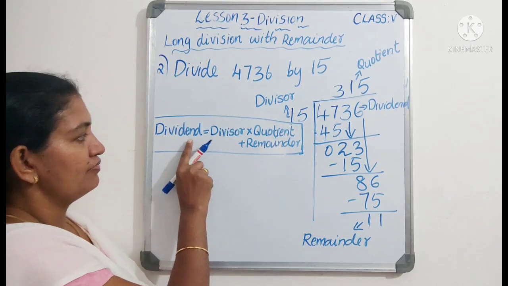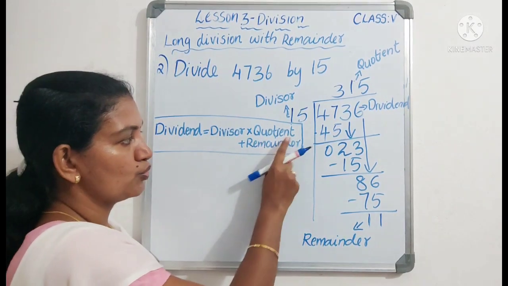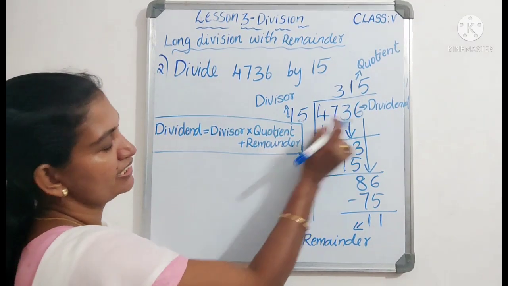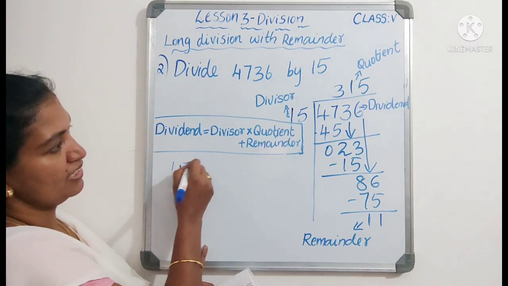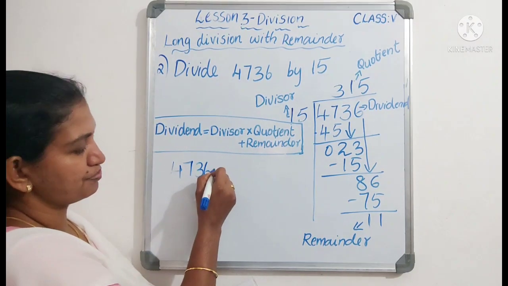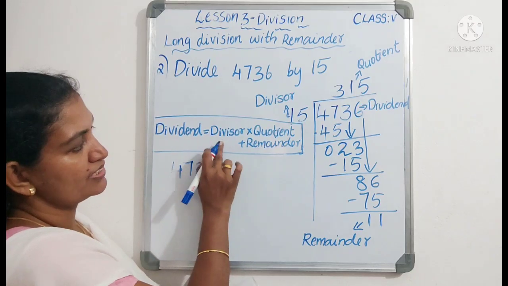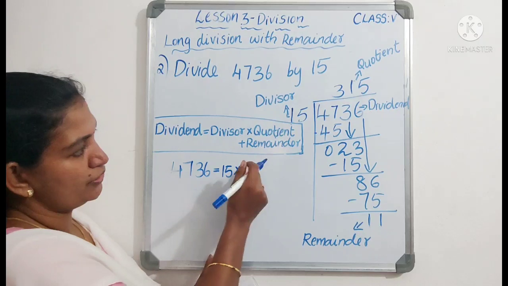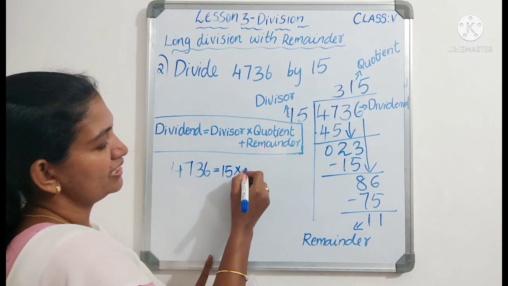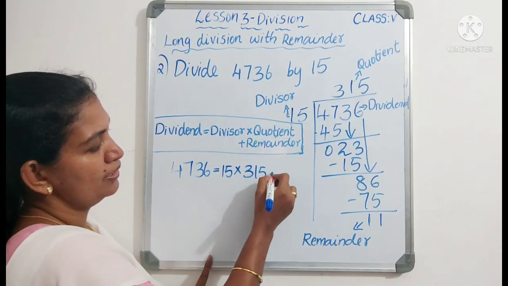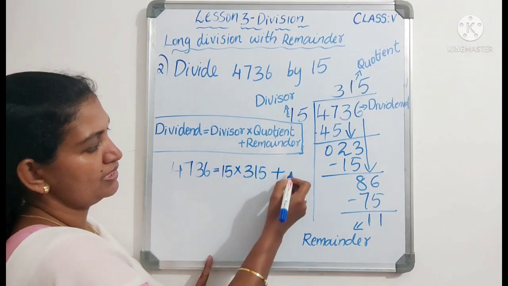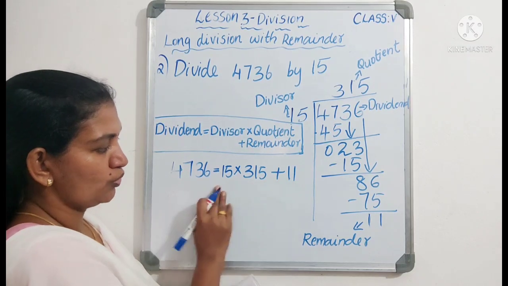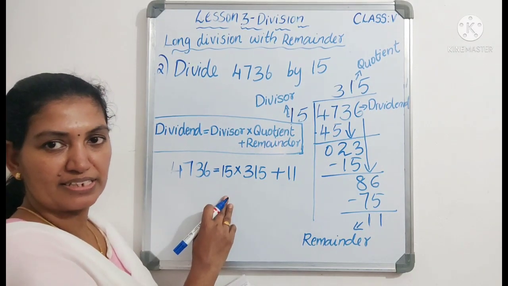Dividend is 4736, divisor is 15, quotient is 315, plus remainder, which is 11. Next you have to do the calculation. Then only we can find whether the answer is correct or not.